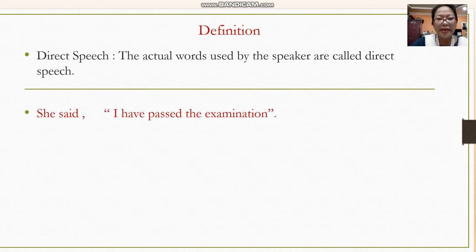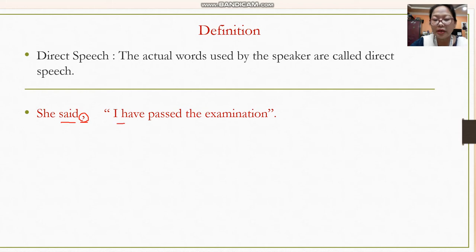She said, "I have passed the examination." In this sentence, you will see here we have a comma. What do we call this? We call this a reporting verb. Said is a reporting verb, okay? And there is a comma after the reporting verb.